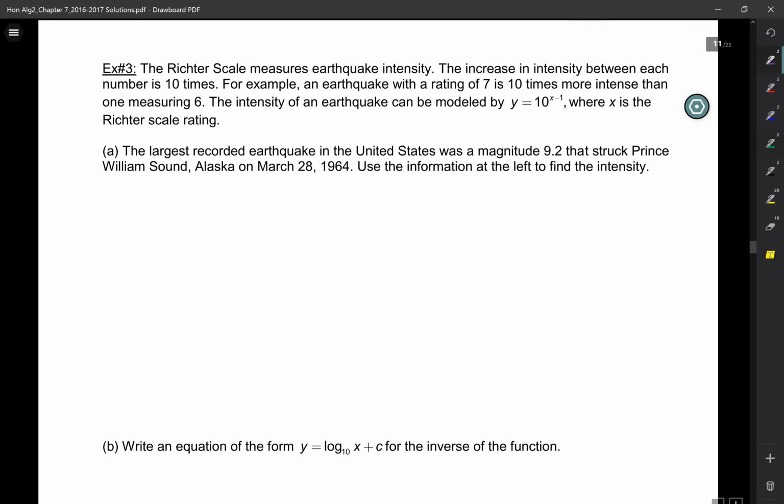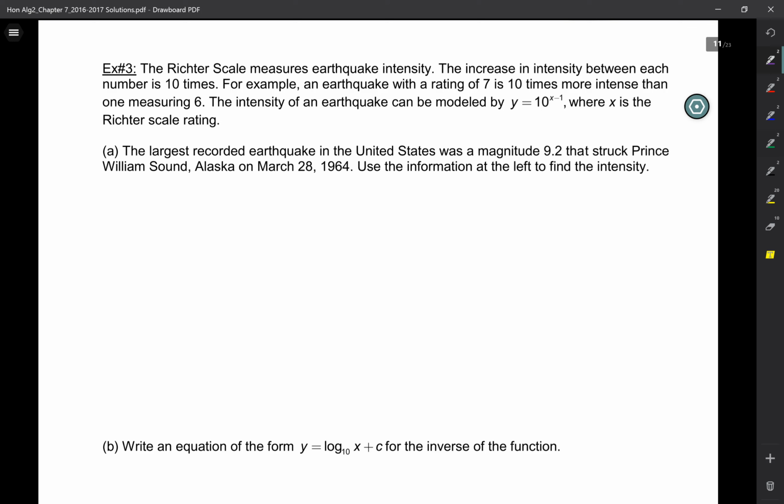The Richter scale measures earthquake intensity. The increase in intensity between each number is 10 times. So if I have an earthquake with magnitude of 4, and then one with magnitude of 5, the 5.0 earthquake is actually 10 times more intense than the 4. So it's logarithmic, see?